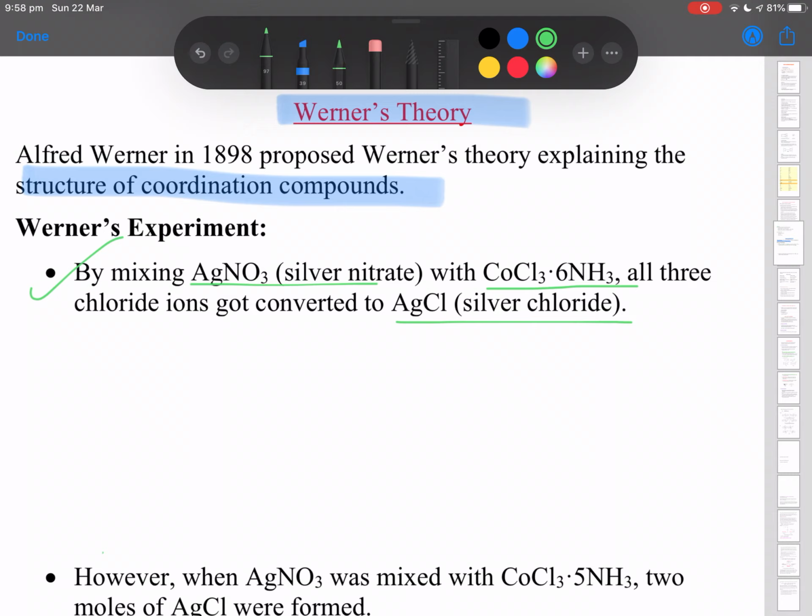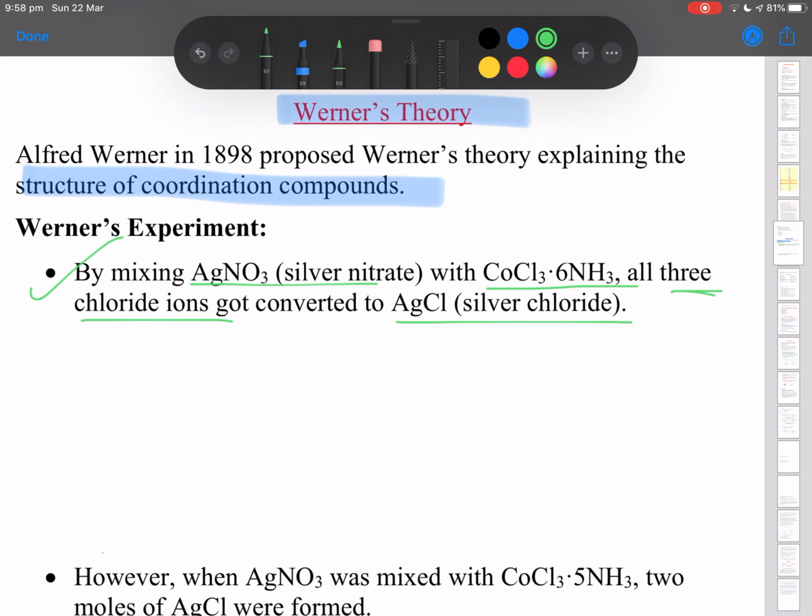So let us understand this concept. For example, in experiment 1, he said that 3 chloride ions got converted to AgCl. That means 3 chloride ions are precipitated in the form of AgCl. So what could you understand from this? That all those 3 chloride ions are acting as primary valency.